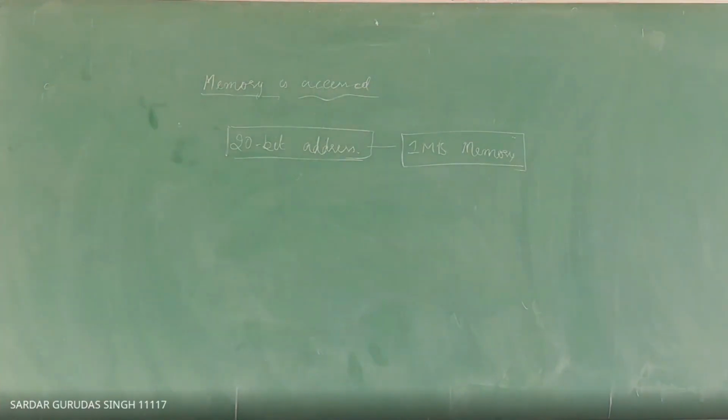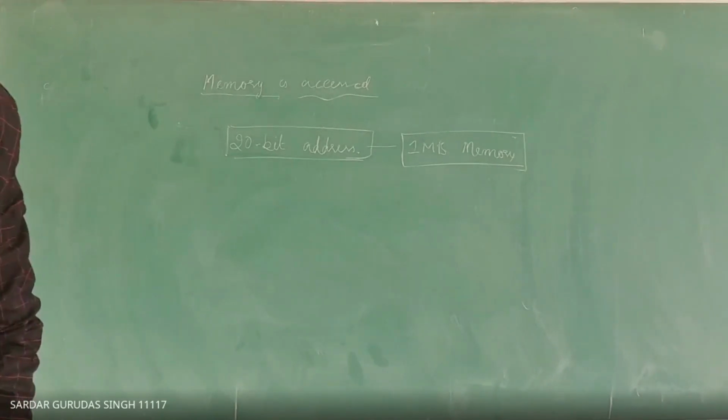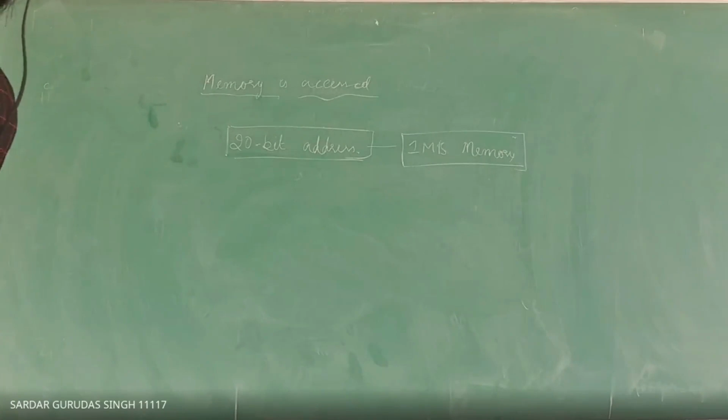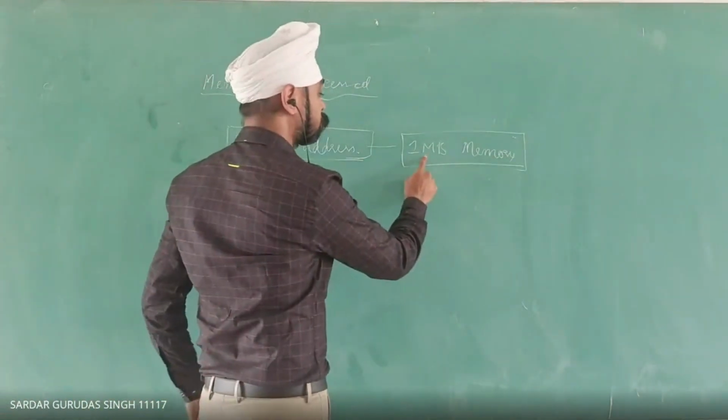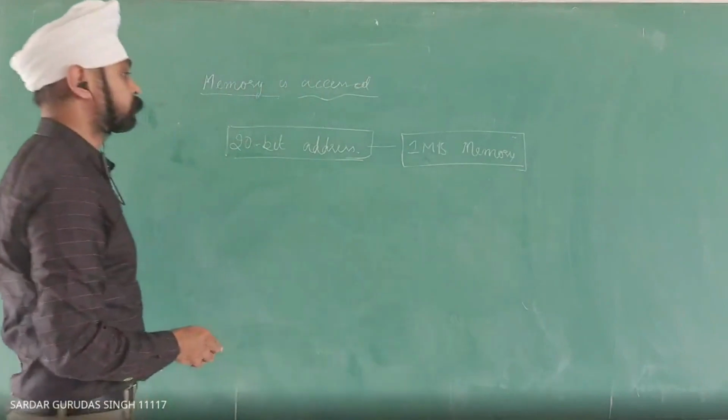Can you hear my voice or not? So we require a 20-bit address in order to access 1 megabyte memory.